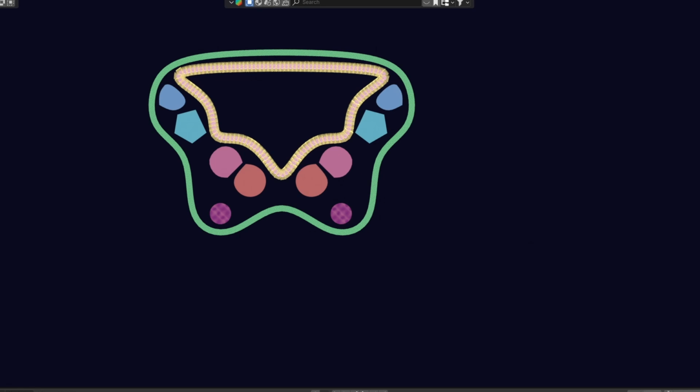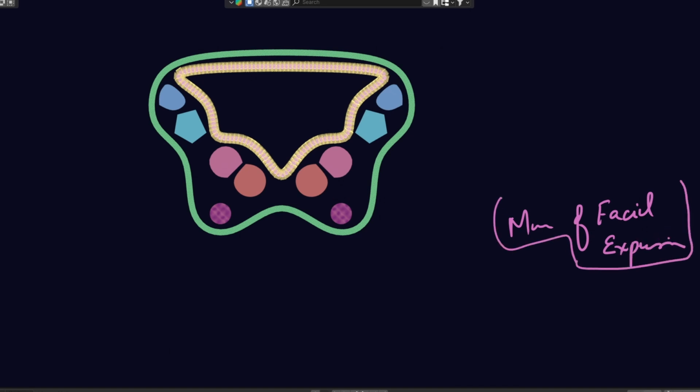So for example, muscles of facial expression. You remember that? Of course, it is one example. Besides that, we have muscles of mastication and some ear muscles as well. So let's suppose it is supplying the muscles of facial expression which are derived from pharyngeal arches.